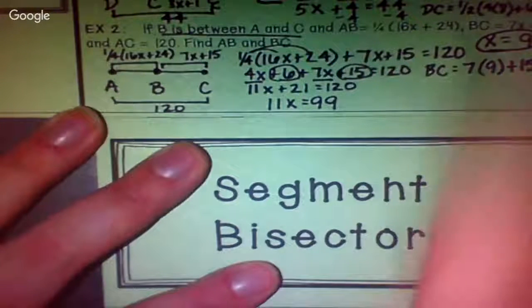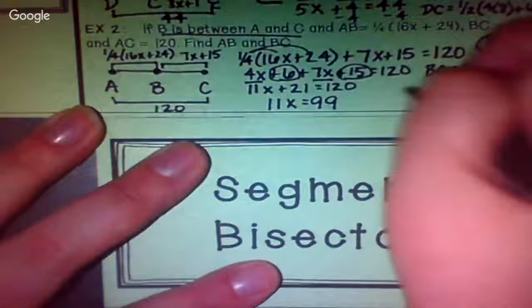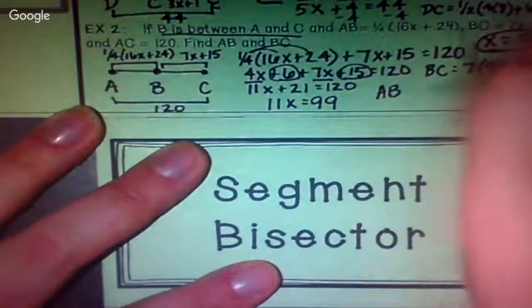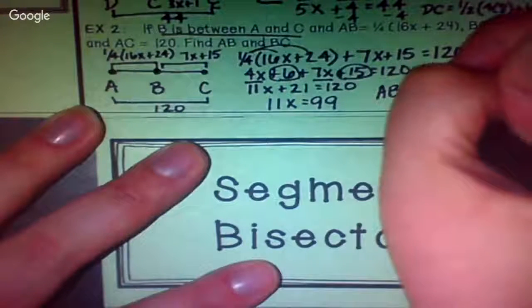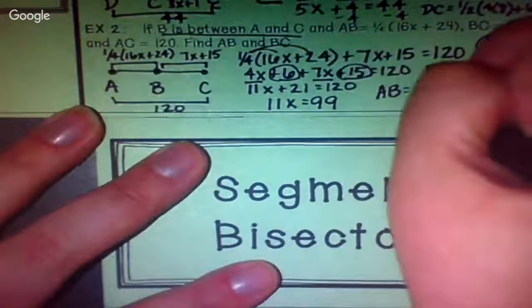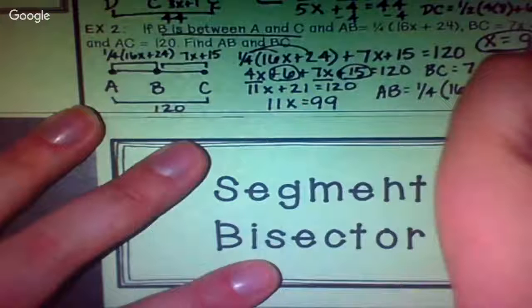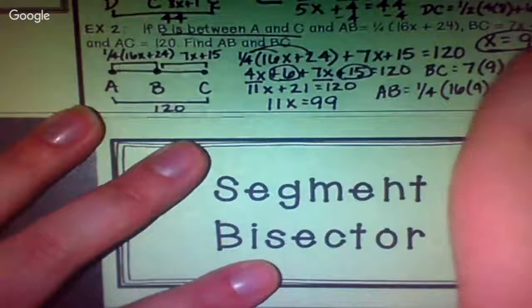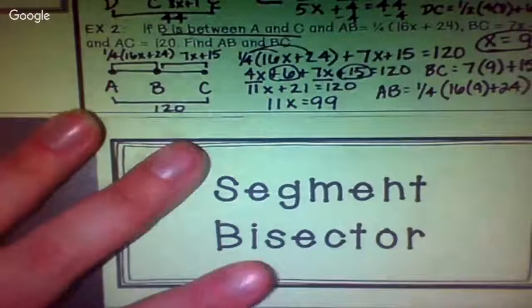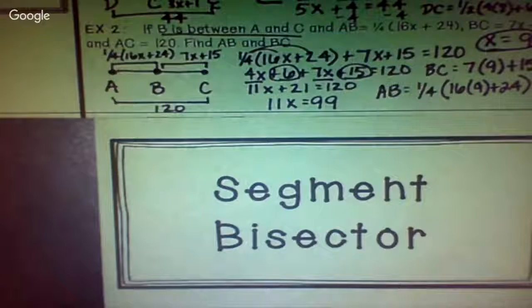We also need to find out what AB is. So AB, again, that's equal to 1/4 times 16 times 9 plus 24.